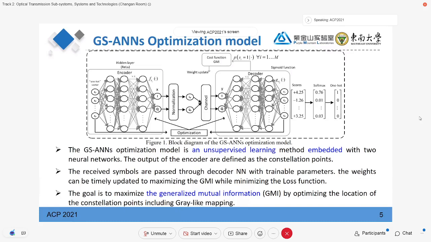The average of the cross entropy over time is then back propagated to optimize the neural network's weights. The size of the neural network's number of layers and hidden units are chosen depending on the order of the constellation.